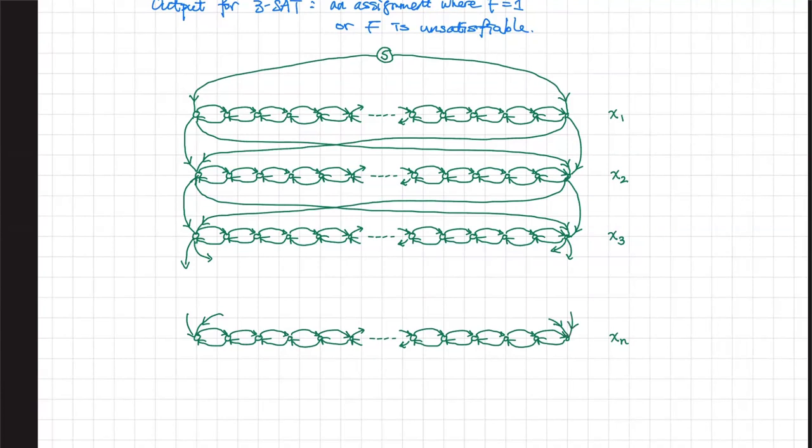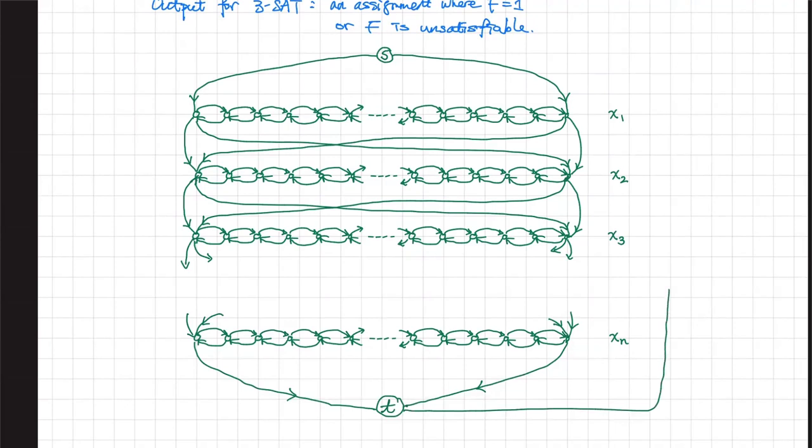Then I'm going to have a sink node, or the terminal node, at the end, where the 2 endpoints of the last row will point to it. Now remember we want a cycle. For the cycle, the last node needs to point at the starting node. So I'm going to have this last node point to the beginning node.